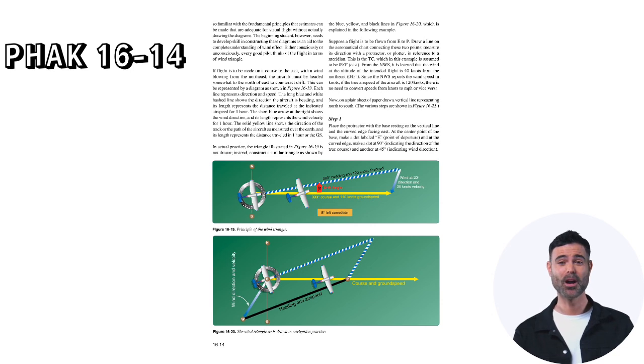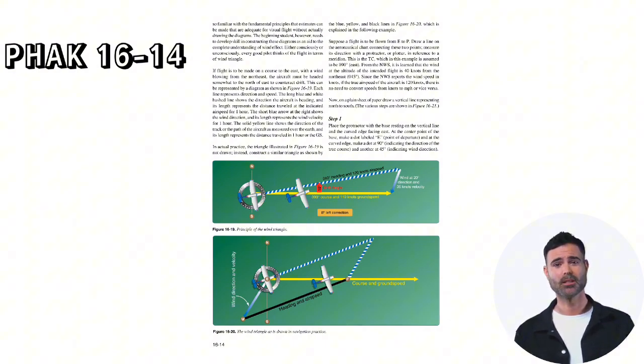The solid yellow line shows the direction of the track or the path of the aircraft as measured over the earth, and its length represents the distance traveled in 1 hour or the GS. In actual practice, the triangle illustrated in Figure 16:19 is not drawn.